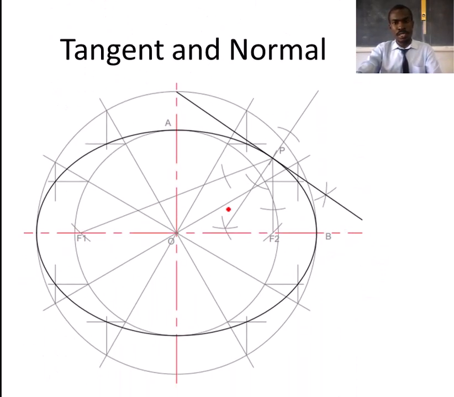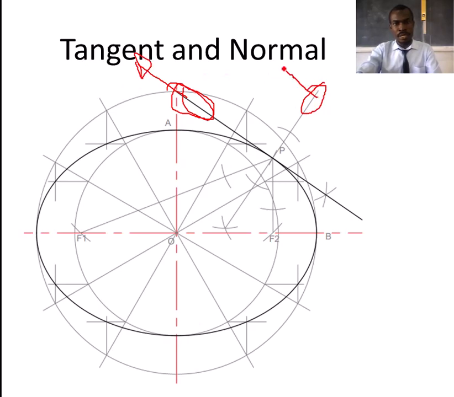When you're constructing a tangent, there are a few things you need to know. We already know that this line here is the tangent. Then this line here, that is at right angles to the tangent, is called the normal. So this here is the tangent.